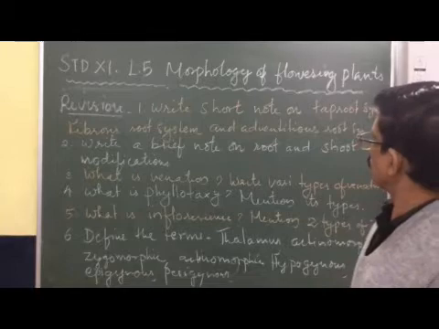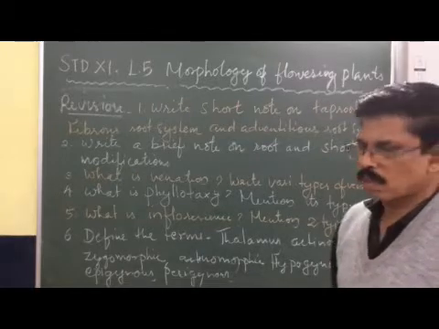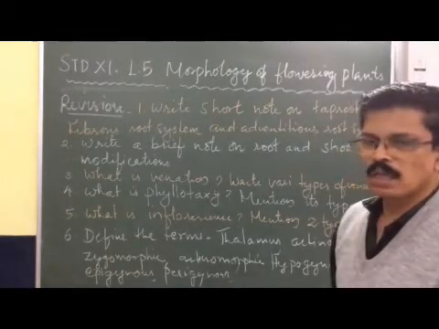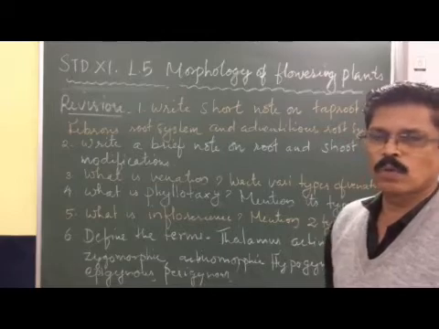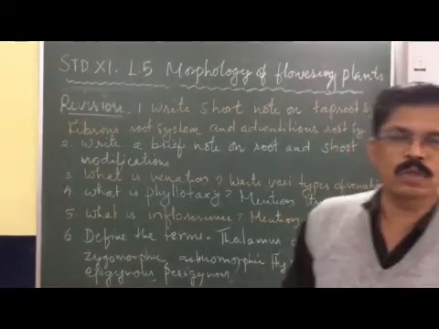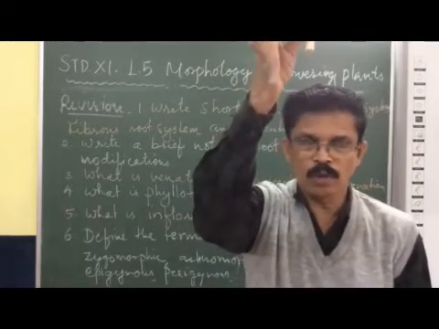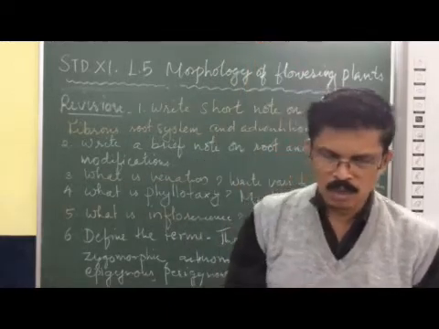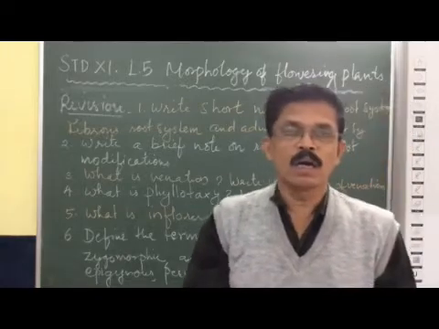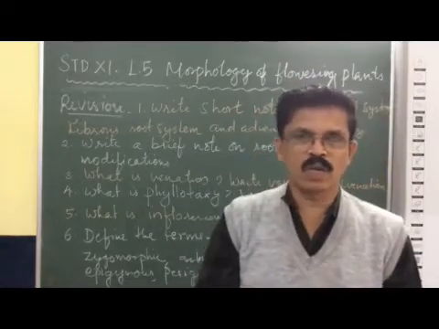Write short note on the taproot system. Taproot system, we all know, is a system in which the radicle of the embryo grows into the main root or taproot, which we call the primary root as well.